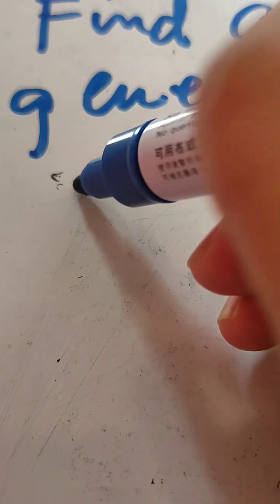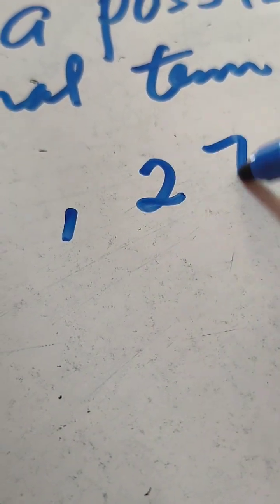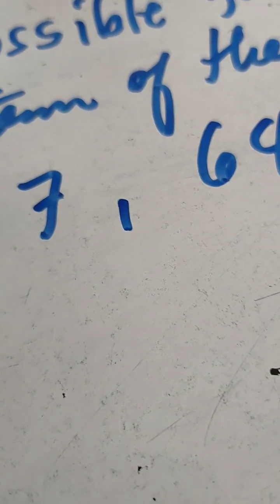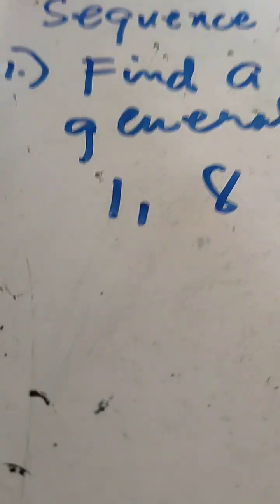We have given 1, 8, 27, then we have 64, then 125, and so on.